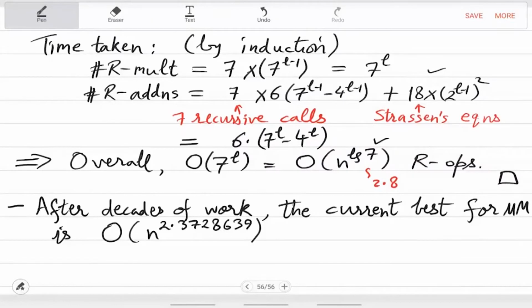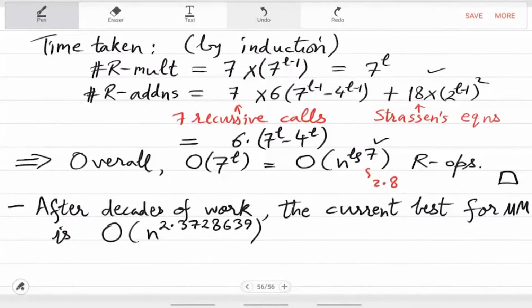Okay, I give you 7 digits because each of these digits people have worked very hard to improve. So there are at least 7 papers, and at most 50 papers on matrix multiplication. They are all trying to improve each and every digit here. So slowly 3 has been reduced to something like 2.37.